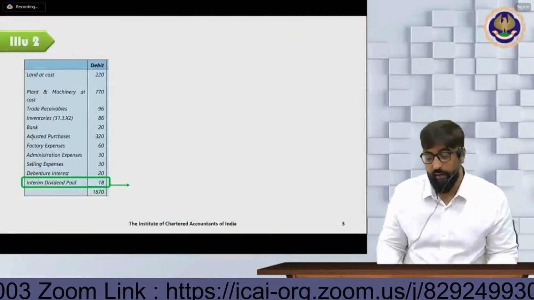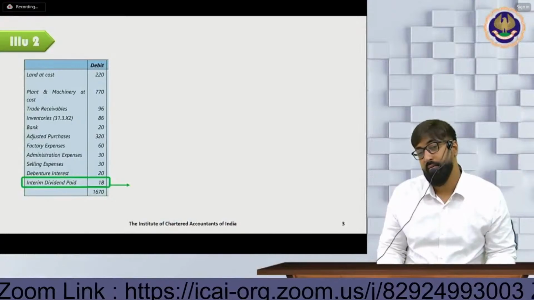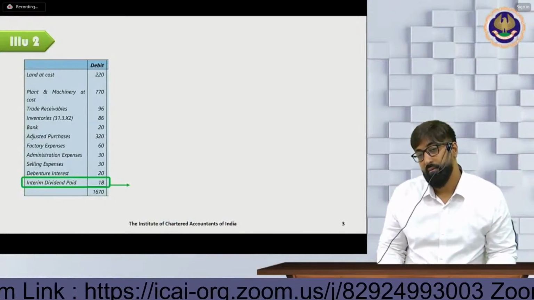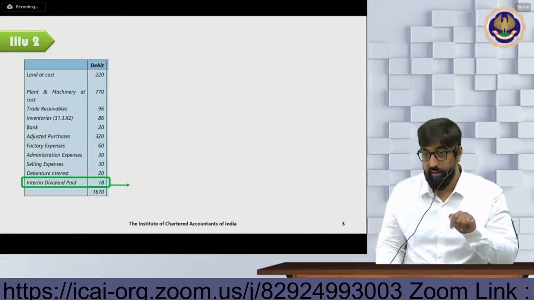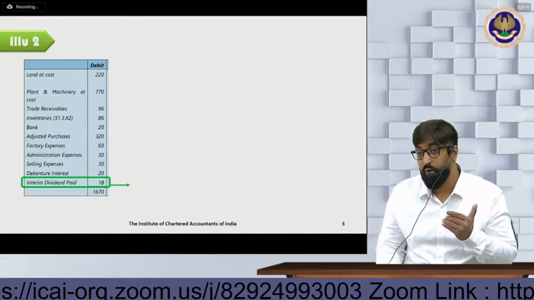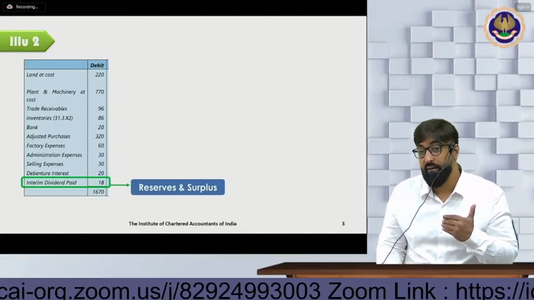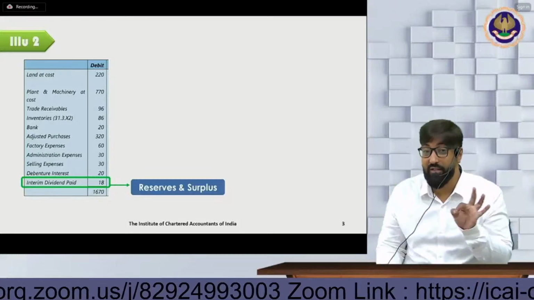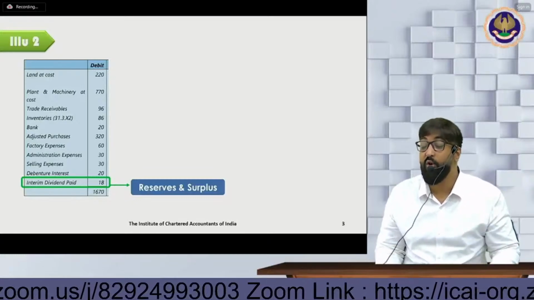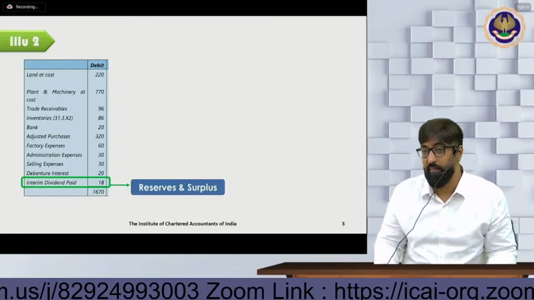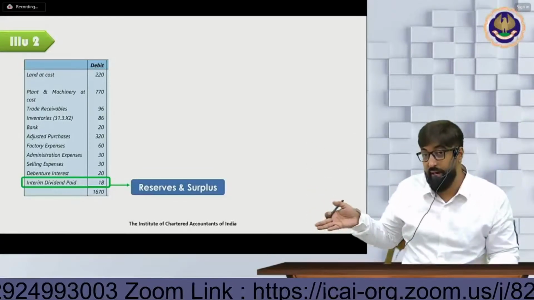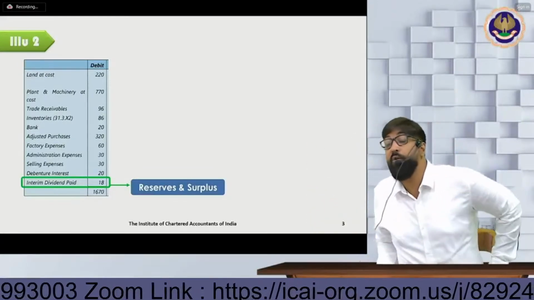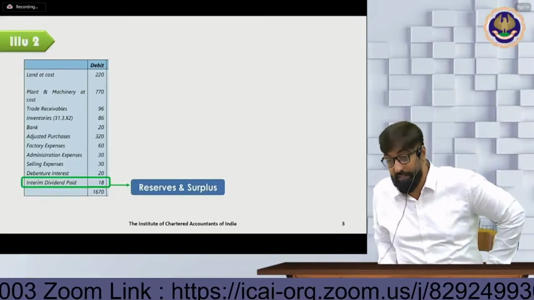Yes beta, tell me. Interim dividend paid. So minus from profit and loss? Yes, now you will write this directly in the balance sheet. In reserves and surplus, in note 2, you are going to write it as a deduction from reserves and surplus. Okay, because this is an appropriation item. If there is a net profit, then you are going to pay dividend. So this dividend, from where to record it, beta? Not in the profit and loss account.